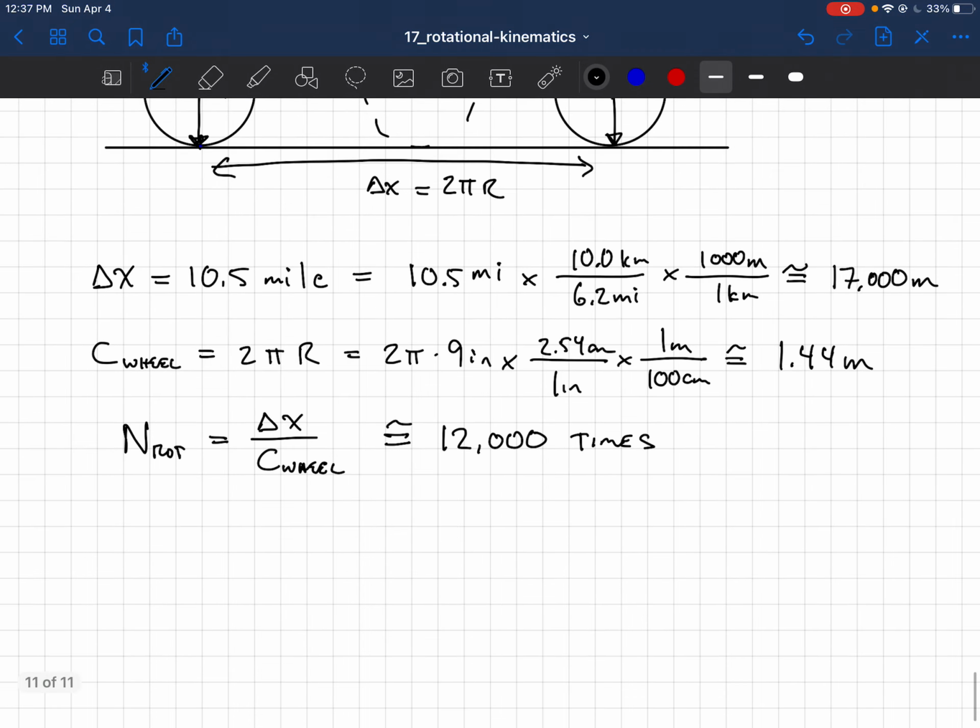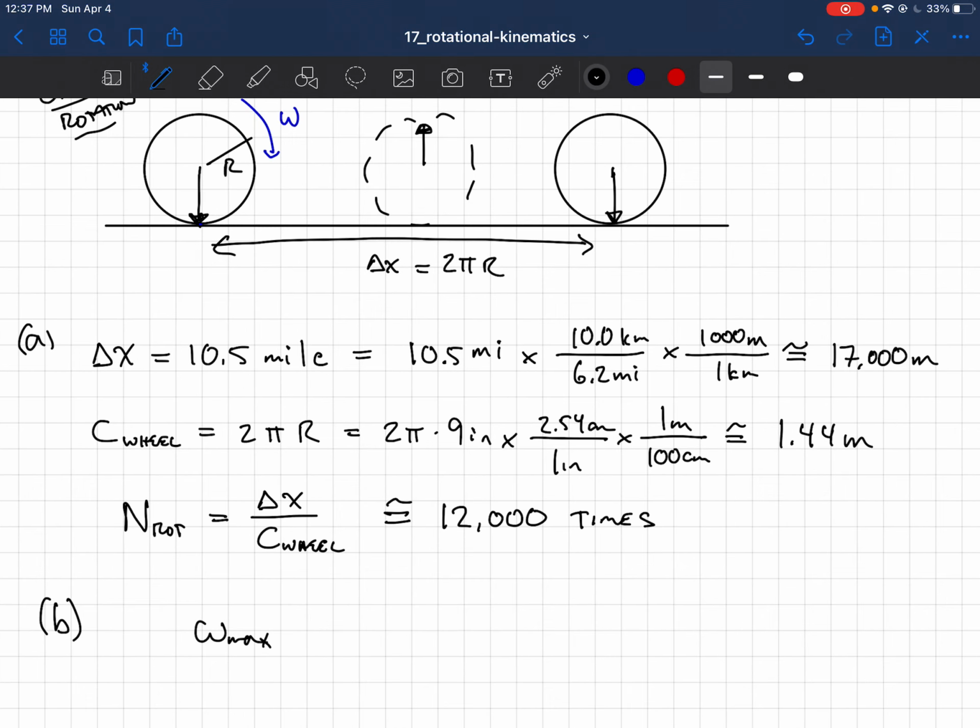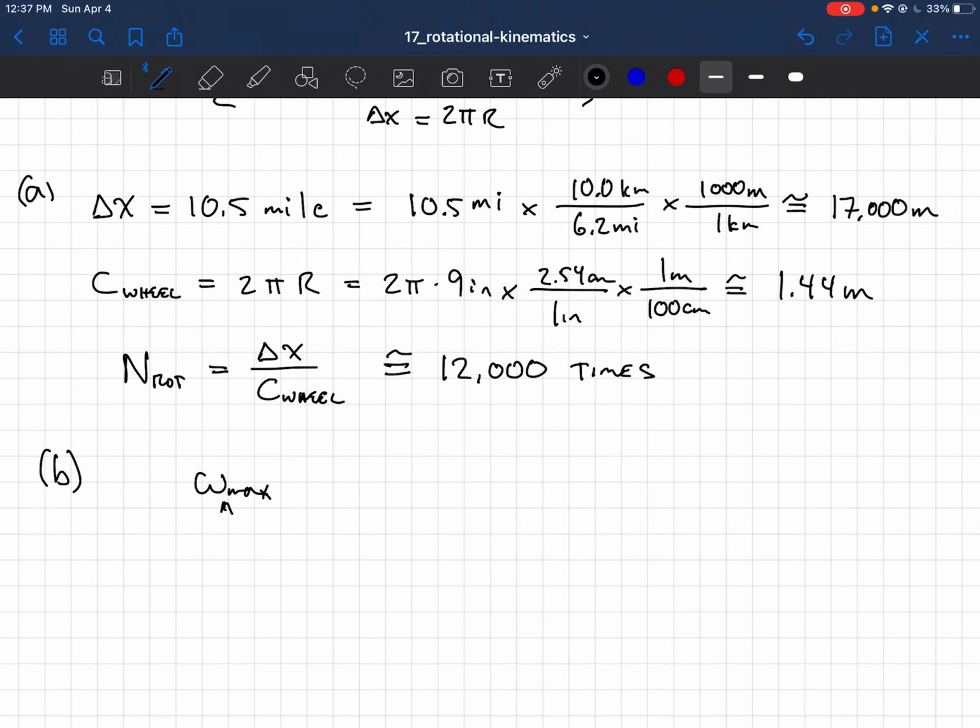Okay, what is the maximum angular velocity relative to an axis through its center? So we're looking for omega max, and this was part A. Part B, we want to know what omega max is, about the center of mass. So what's the angular velocity about the center of mass? Well, we just found an equation for that.